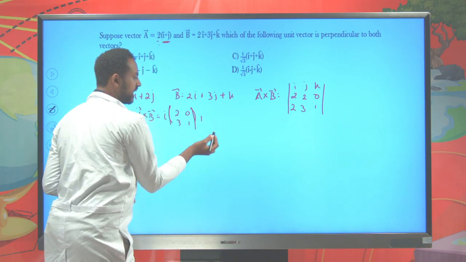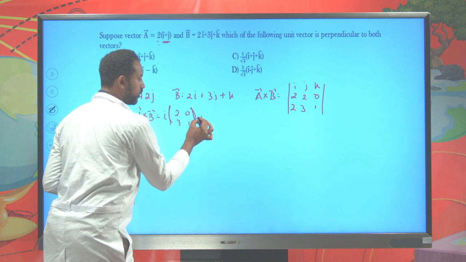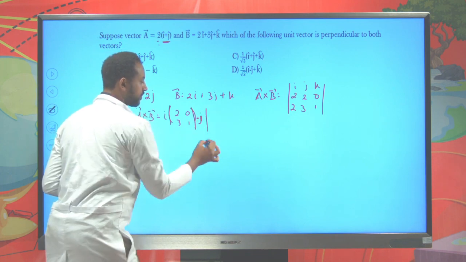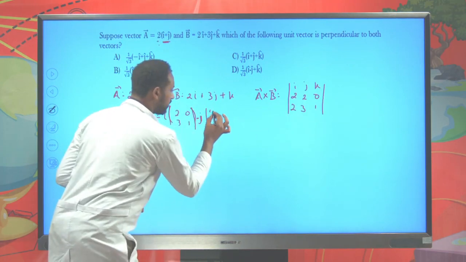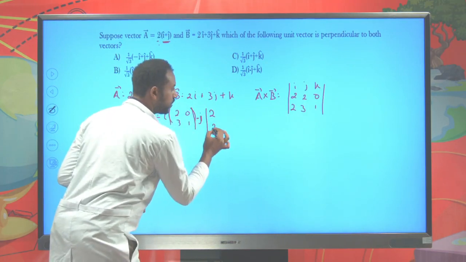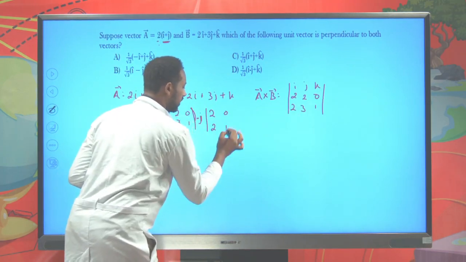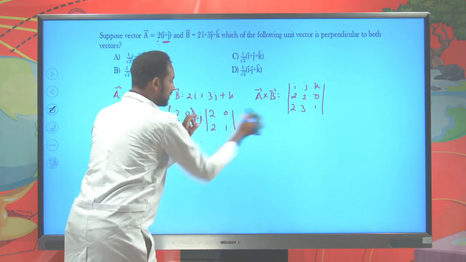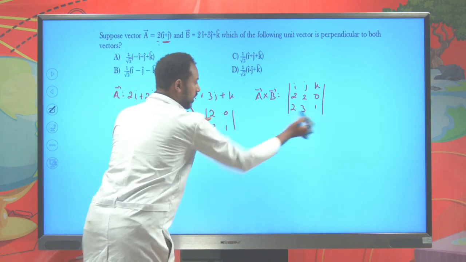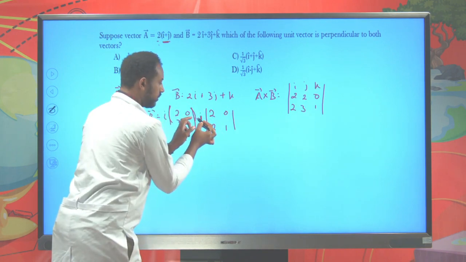You can put plus or minus actually. If you put minus on the j, you eliminate its row and column. Therefore, you have to use 2, 2, and 0, 1. Here you have to put minus. Whenever you put i first and the k component, you put minus.